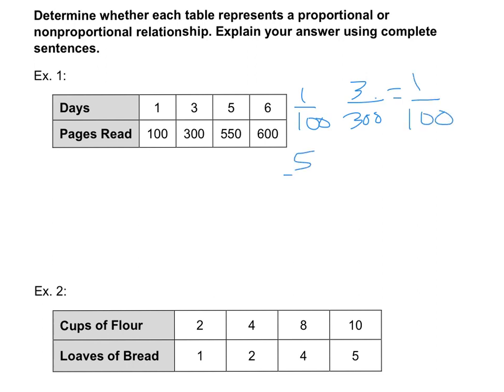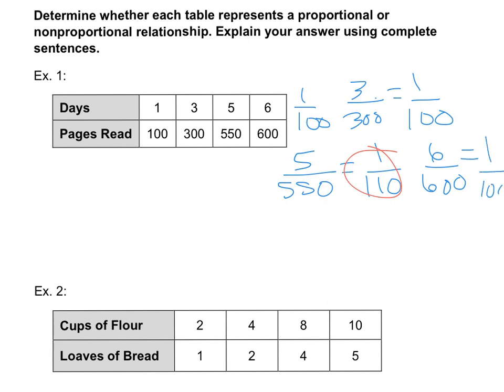Then we take the 5 over 550, and when we reduce that, we end up with 1 over 110. So already we do not have any consistency because of the 1 over 110. And finally, 6 out of 600 also simplifies to 1 over 100. So we have 3 that are consistent, but because 1 is not, we consider this non-proportional.